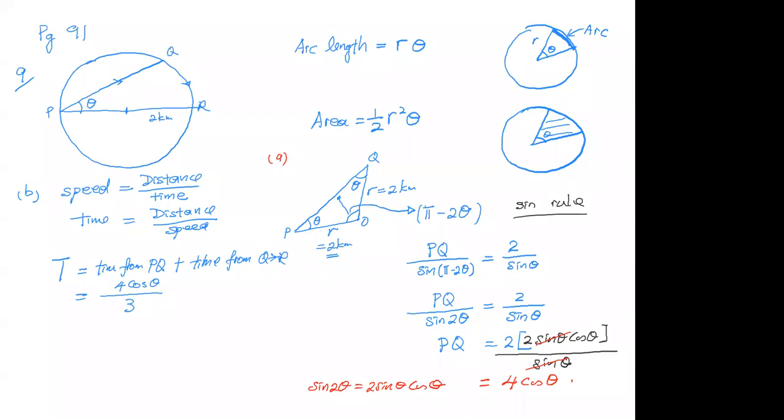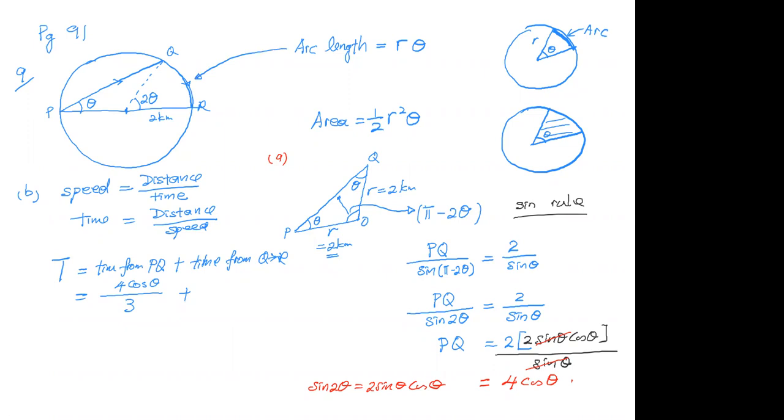Okay, plus, for this distance QR, we know the circle property: the angle at the circumference and the angle at the center, it is twice, correct? So we are going to use this formula to find the arc length.